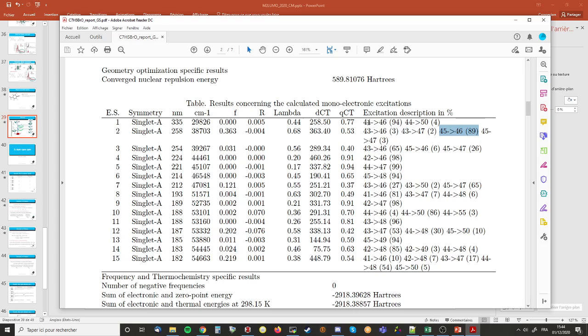That means that when the electron leaves the HOMO-1, it goes to a new orbital, and the reorganization of the other electrons stabilizes this excitation more than the transition of the HOMO-LUMO. So when you have a HOMO-LUMO, you stabilize the other electrons less, and that is why the HOMO-LUMO can be higher in energy than the HOMO-1 LUMO.